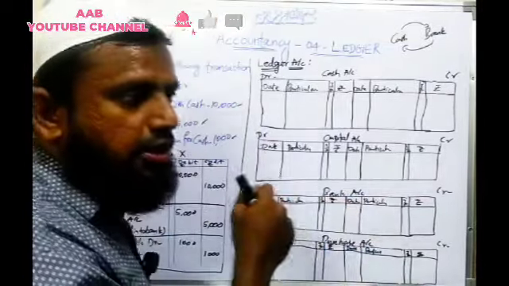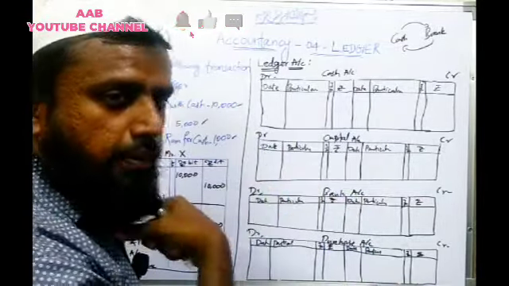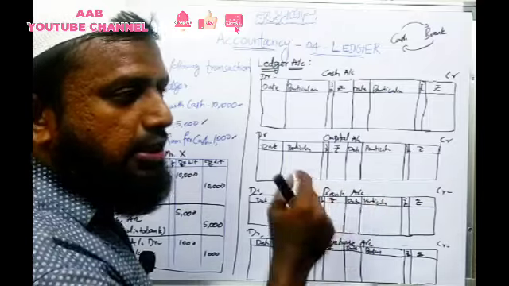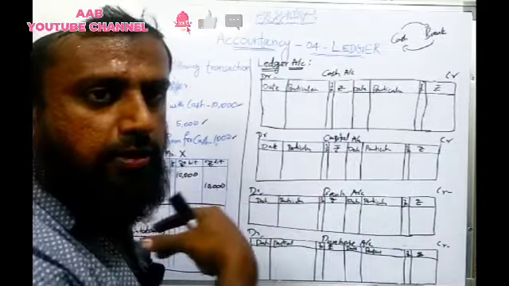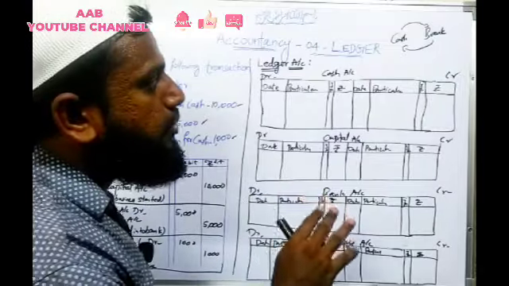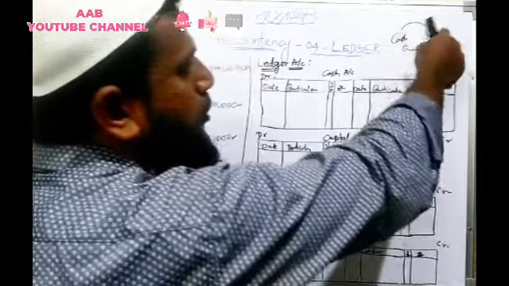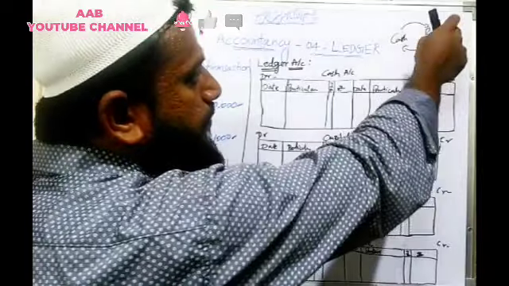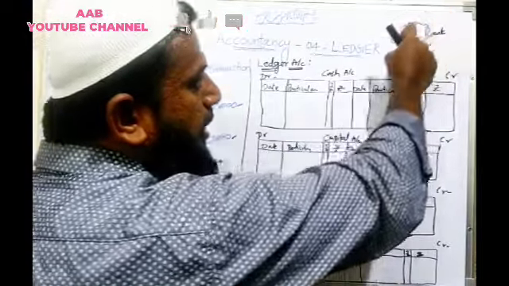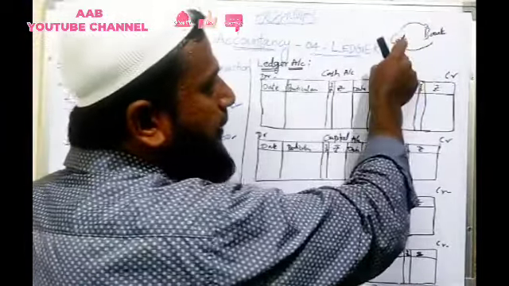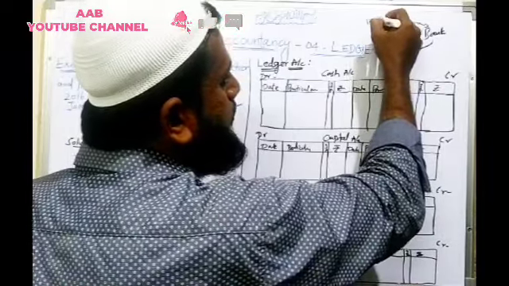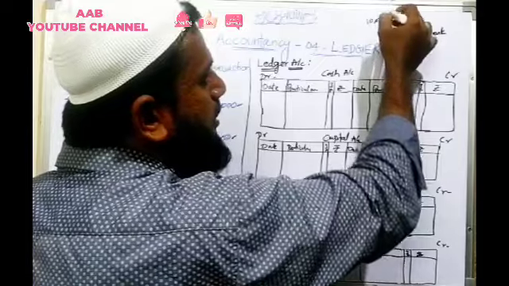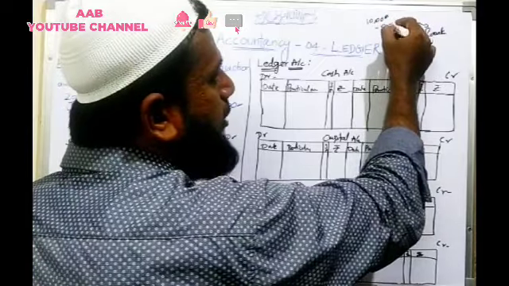At the same time I have to credit 10,000. When I withdraw the cash, what happens? In my account 5,000 rupees is debited, and 5,000 is remaining in my account as balance. So cash will be paid to bank. For example, out of 10,000 rupees in cash, 5,000 rupees was paid to bank.